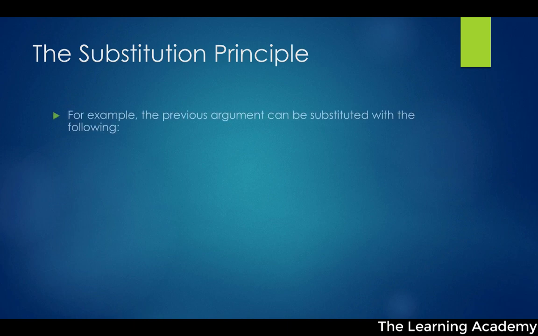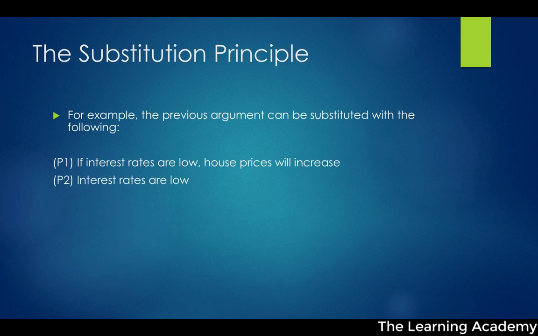So let's take an example. We're going to use this previous argument, and then we're going to substitute it with the following. Premise 1, if interest rates are low, house prices will increase. Premise 2, interest rates are low, therefore, conclusion, house prices will increase. You can see here that the structure of the argument is exactly the same as the previous argument. However, the only thing that's different is the content of the premises, the thing that we're talking about.